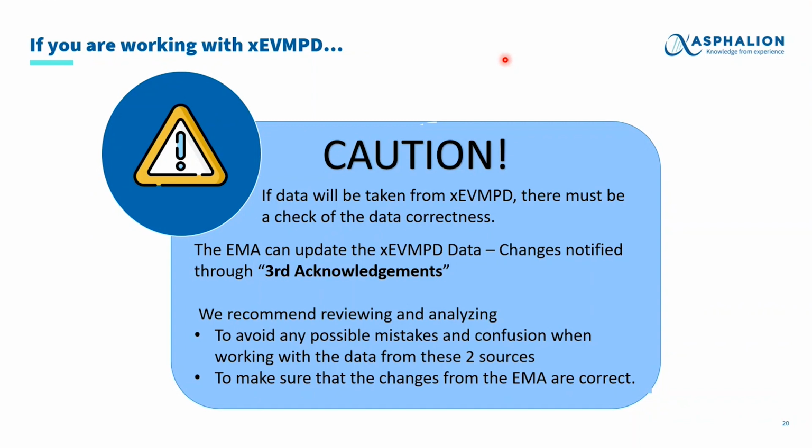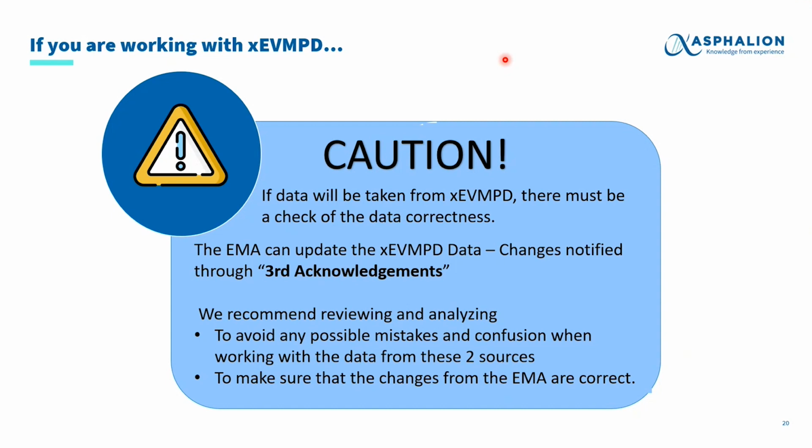Sometimes there is a mistake when introducing the data or something is not correct, and these changes are notified through the third acknowledgements. At Asphalion, we recommend reviewing and analyzing these third acknowledgements. Why? Because then we can avoid any possible mistakes and confusion when working with data from these two data sources.